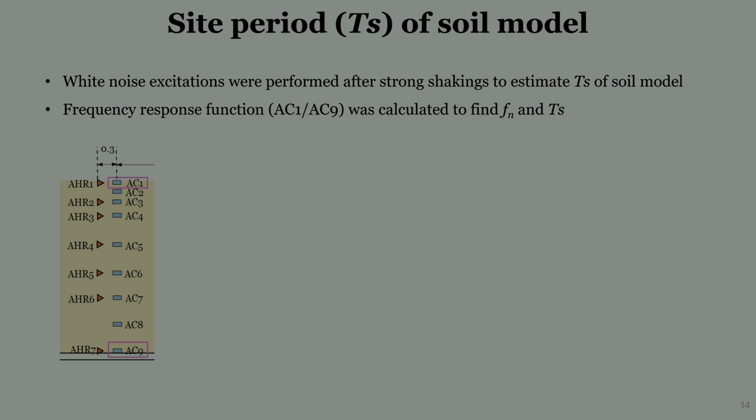So the next result is related to the site period of the soil model. This was determined using the white noise excitations that were performed after the strong shakings. For this, I computed the frequency response function based on the accelerometers AC1 and AC9, the top and bottom, to find the natural frequency as well as the site period.